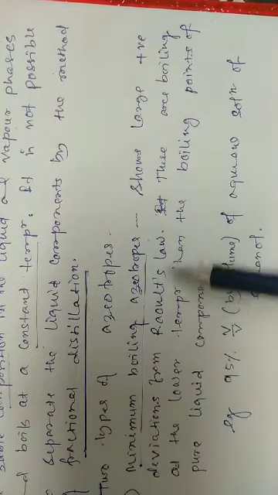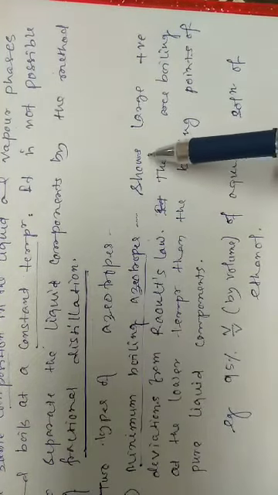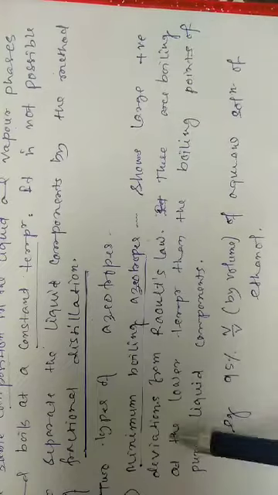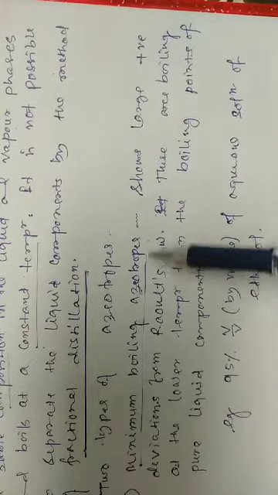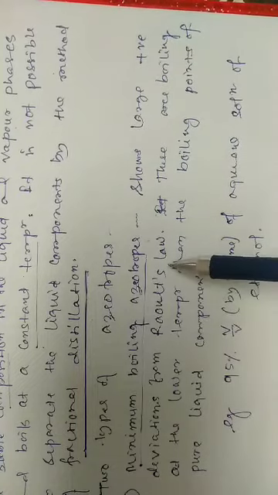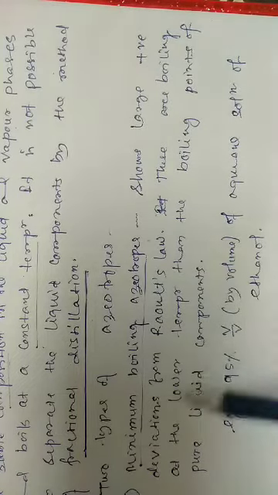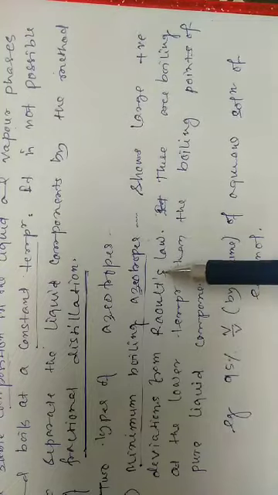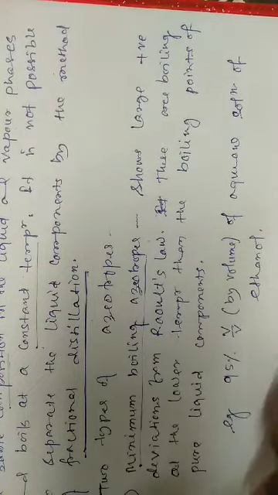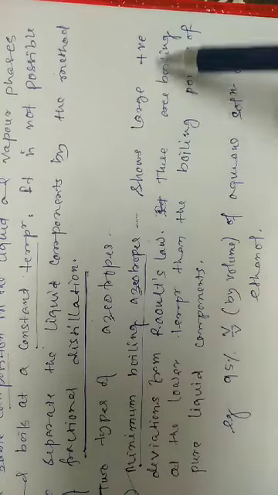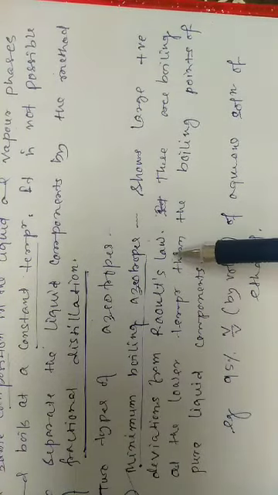So minimum boiling azeotropes show large positive deviation from Raoult's law. Azeotropes are non-ideal solutions. Non-ideal solutions are showing either positive or negative deviation from Raoult's law. So minimum boiling azeotrope is showing positive deviation from Raoult's law.